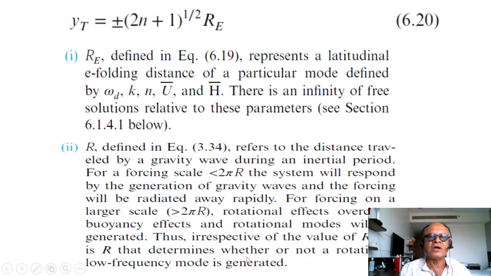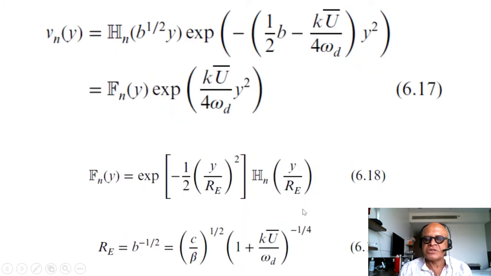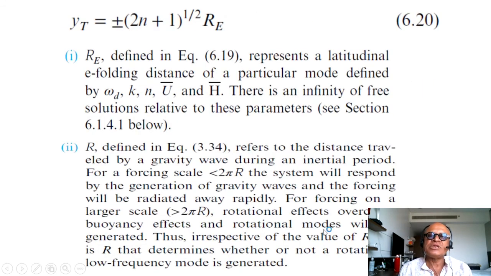This is what it's going to come down to in terms of the tropical dynamics. Okay, so the turning latitude written this way, Re defined in this expression, represents latitudinal e-folding distance of a particular mode of the solution we are looking for.